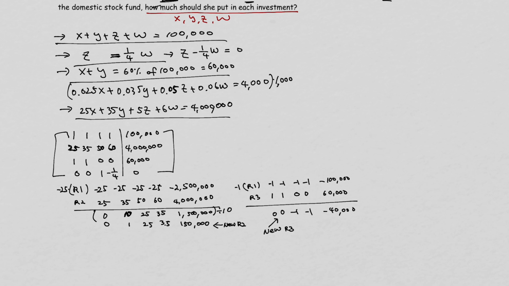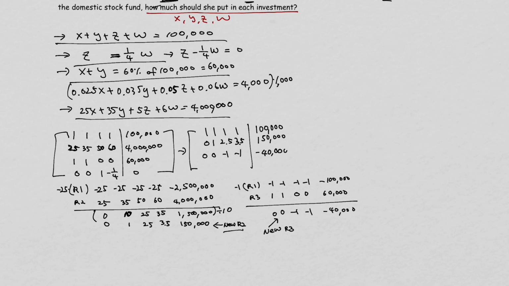Let's see what we have so far. So I will just write the first row as it is. And then the new second row right here, which is going to be 0, 1, 2.5, 3.5, and 150,000. New row 3 is going to be 0, 0, negative 1, negative 1, and negative 40,000.